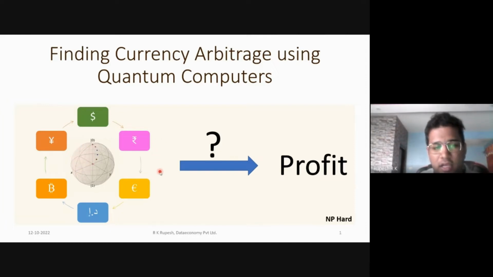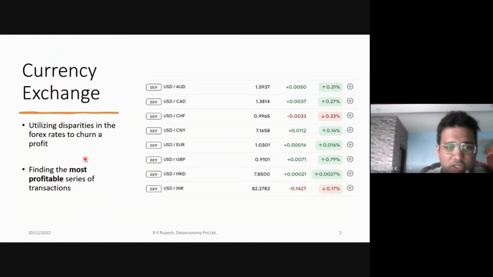But there are certain discrepancies, essentially instability in the market, where sometimes when we go over a transaction loop, from dollars to rupees and through some particular series of transactions, we can actually churn a profit. But classically, solving this problem is NP-hard, which means you can't solve this problem in polynomial time. And so this is the context in which I'd like to introduce this topic.